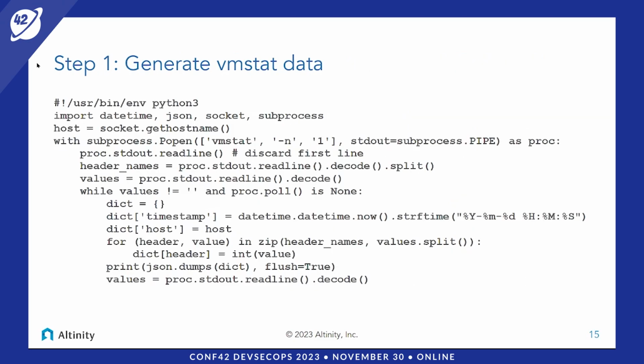So the first thing is we need to generate the vmstat data. So here is a simple Python script. It's about 14 lines that is actually going to run vmstat at 1 second intervals and then basically split the results up and stick them in a JSON document.